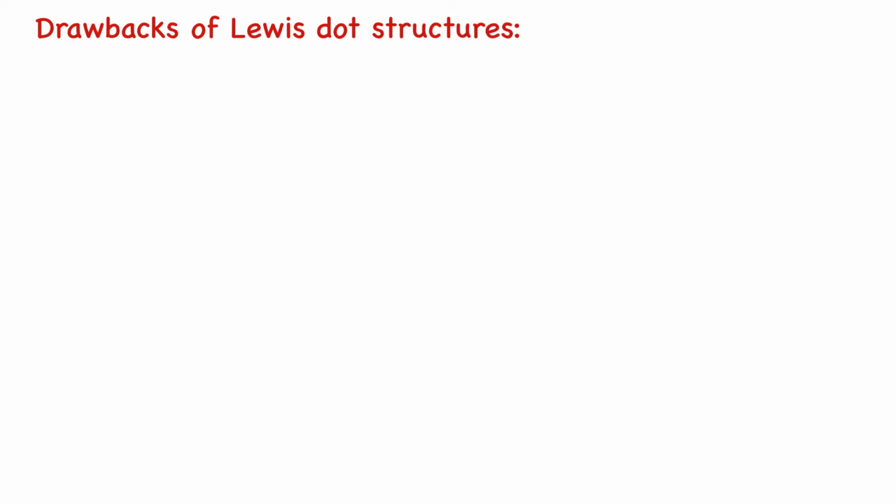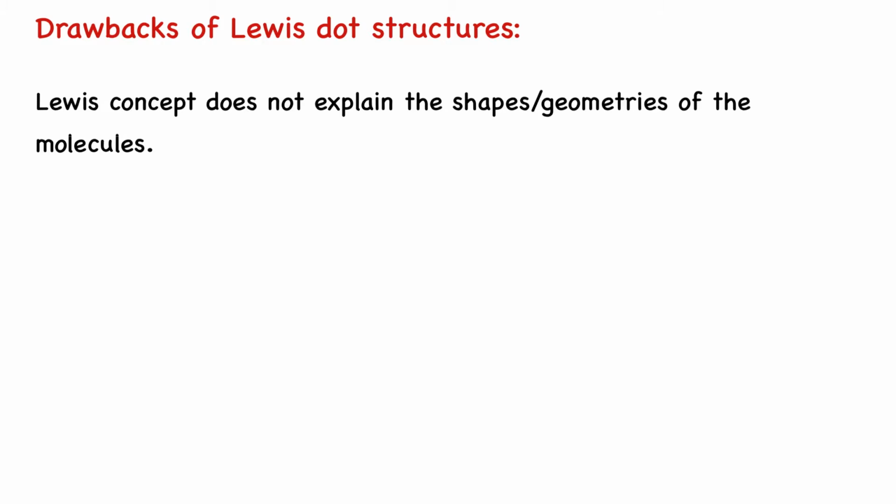One of the major drawbacks of Lewis dot structures is that it does not explain the shapes or geometries of the molecules. The three-dimensional geometry of a molecule has a significant effect on its properties. Therefore, it is very important for us to understand and to be able to predict the three-dimensional geometry of a molecule.